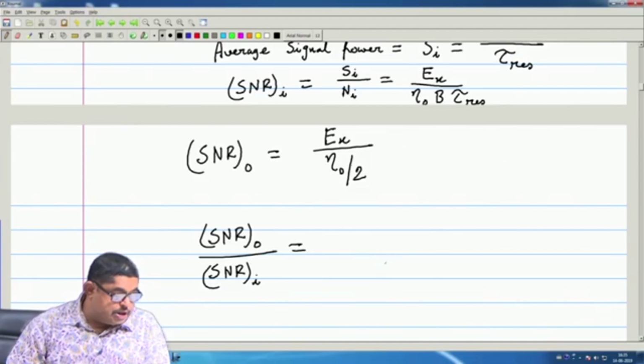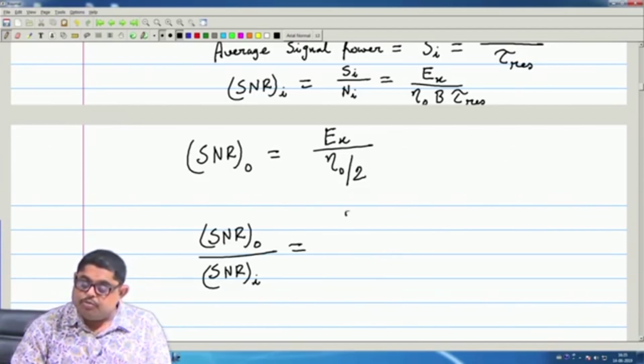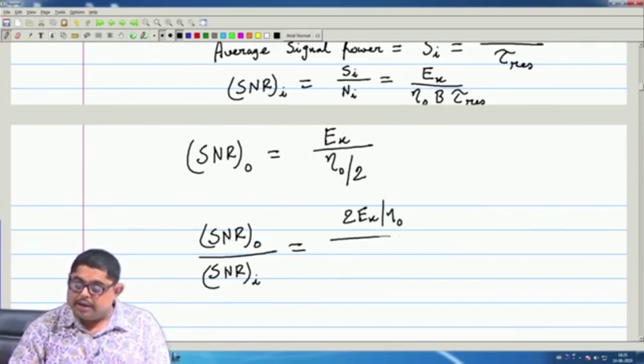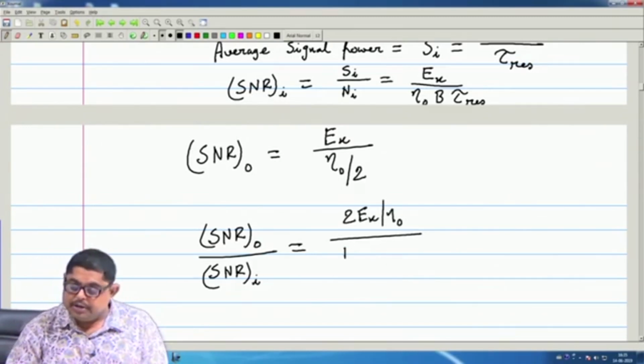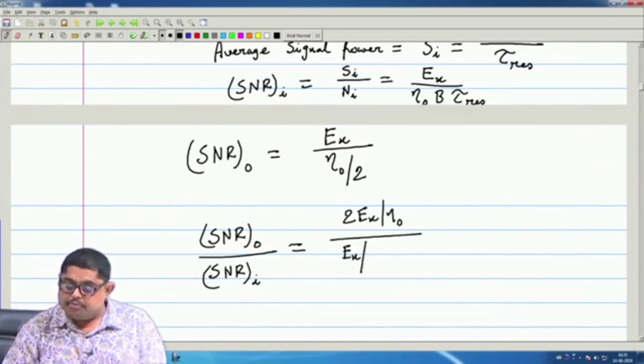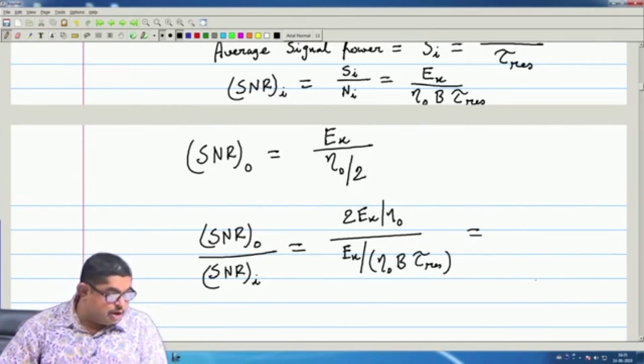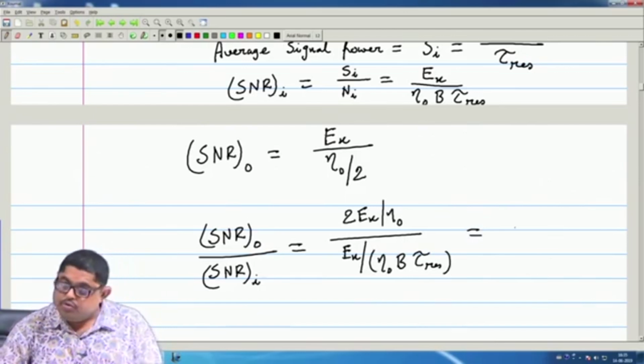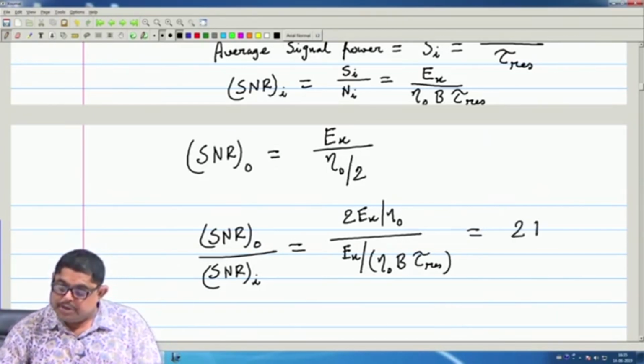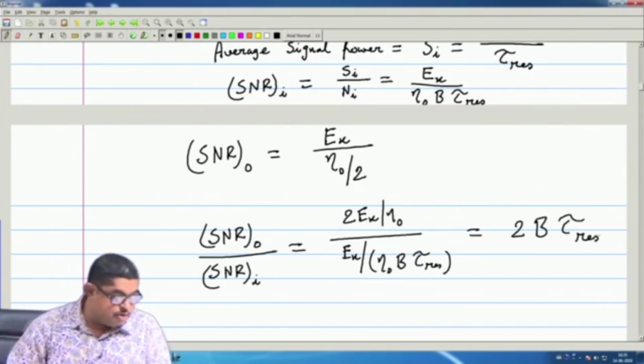So, for this ratio, SNR out we know is 2 Ex by eta naught, and SNR in is Ex by eta naught B tau resolution. So, this turns out to be 2B tau resolution.